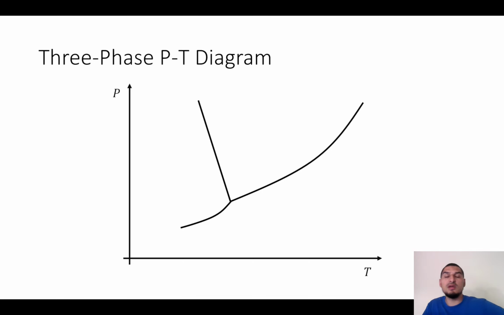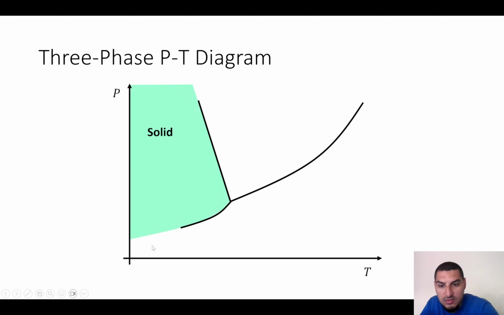So again, we know that the gases would be at very high temperature and very low pressure. Liquids would be the intermediate case, and then the solid would be at very low temperature. You think of ice, low temperature, and different pressures. So this is what we see here. This is the region of solid. Think of ice.